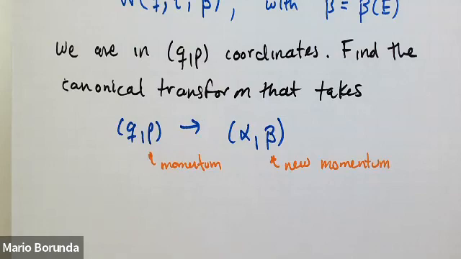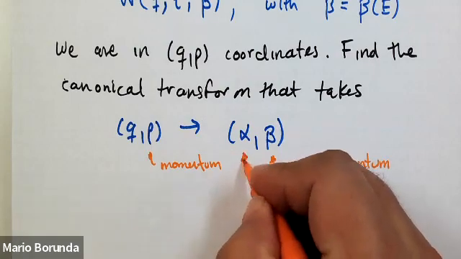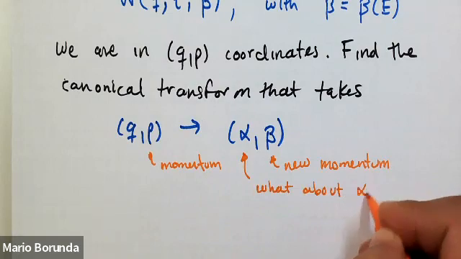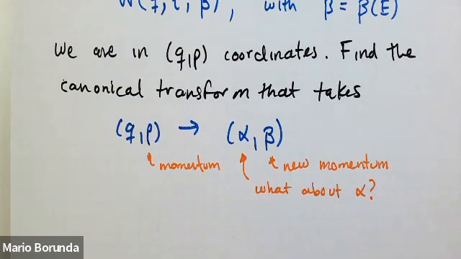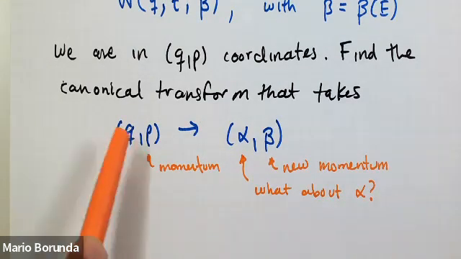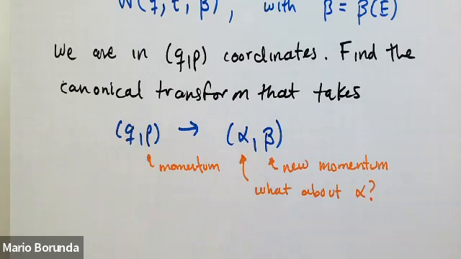So you want to rewrite the Hamiltonian in this new momentum approach. And the one question is, what about alpha? What the heck is alpha now? I knew that this is my coordinate before, and now I have alpha. How do I get alpha?